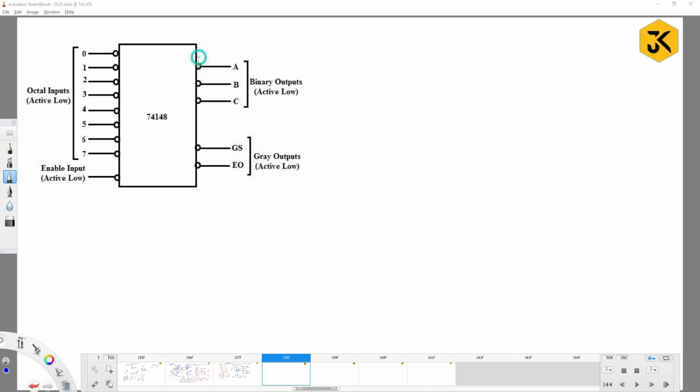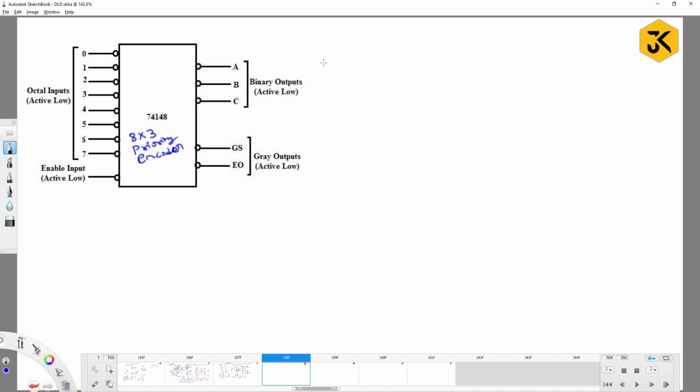Observe, this is a 74x148 diagram, which is meant for converting 8 lines into 3 lines. It is an encoder, and they made it a priority encoder, so I can call it simply an 8 by 3 priority encoder. Now how will this truth table look?